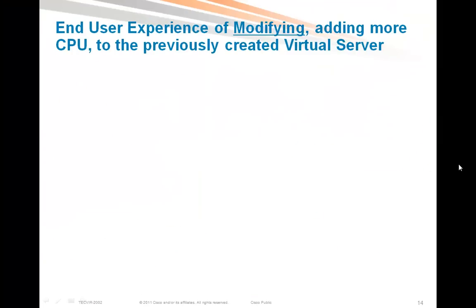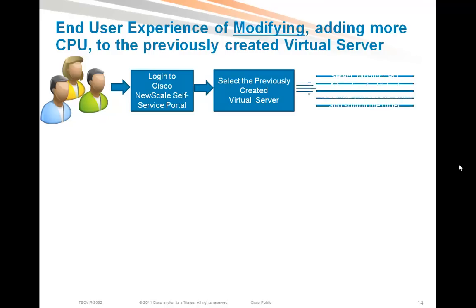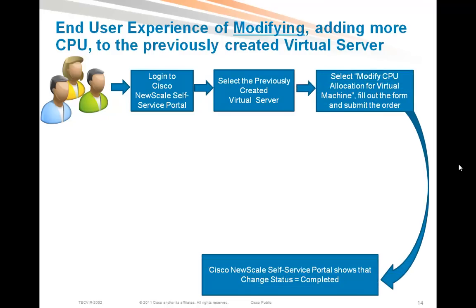Now what I'd like to do is modify that virtual server. Let's say that the user wants to add, for example, more CPUs to that previously provisioned virtual server. Again, he goes on the portal. He now is going to select the server that he has previously created. He's going to modify the CPU allocation.